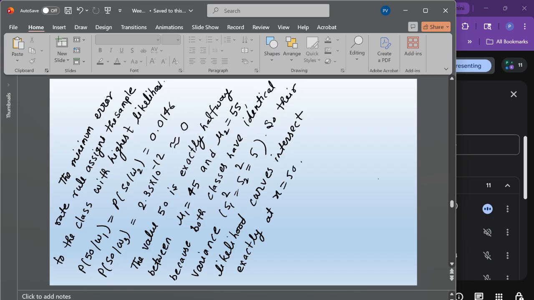So based on the minimum error rate, the plant measured at 50 centimeter falls on the decision boundary.